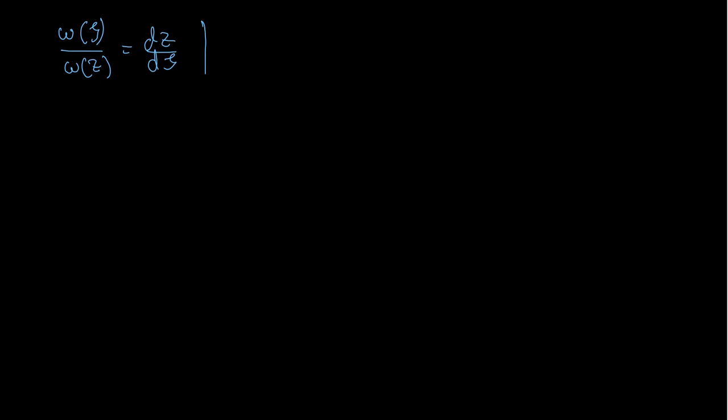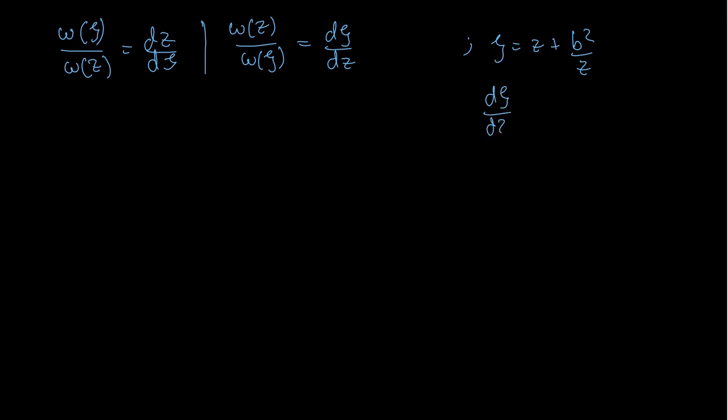Or I can write the reciprocal, which is W of z by W of zeta to be d zeta over dz. I want to write this because I know zeta as a function of z, because we know that zeta equals z plus b square by z. So I can write d zeta over dz to be 1 minus b square by z square, right?